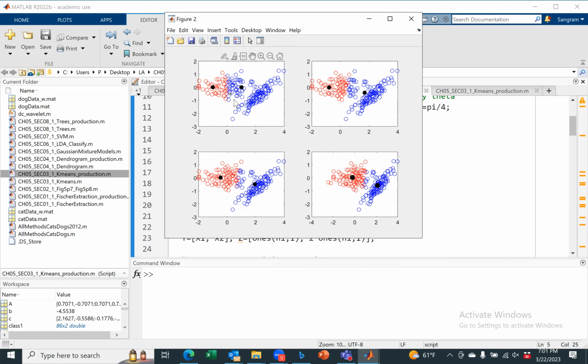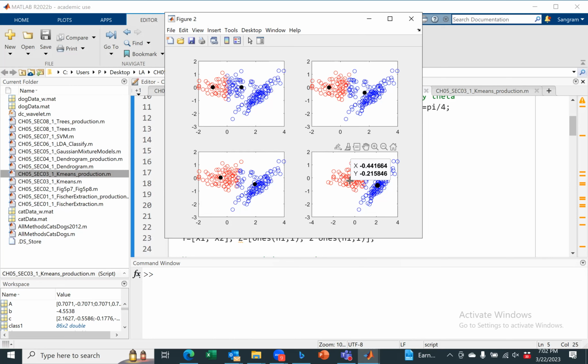This convergence is shown in these four figures. In the first figure, you have an initial data set, these black dots, and we are not able to classify them properly. Later, we improve the algorithm, it goes through more iterations, and at the end you have this two-stage heuristic process that converges after 4 iterations.